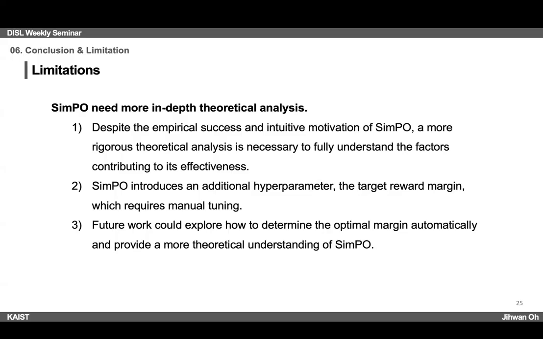For example, SimPO introduces an additional hyperparameter, the target reward margin gamma, which requires manual tuning. Therefore, future work could explore how to determine the optimal margin automatically and provide a more theoretical understanding of SimPO.